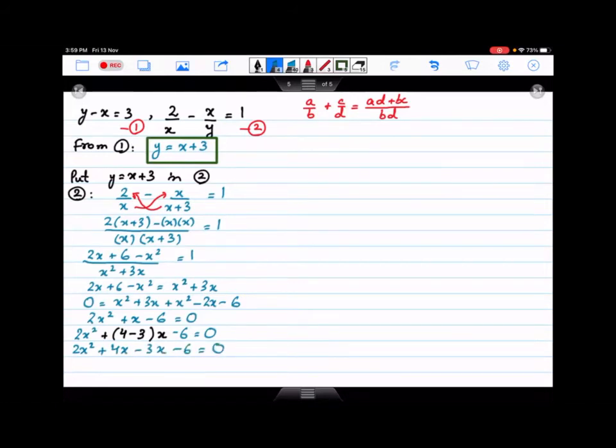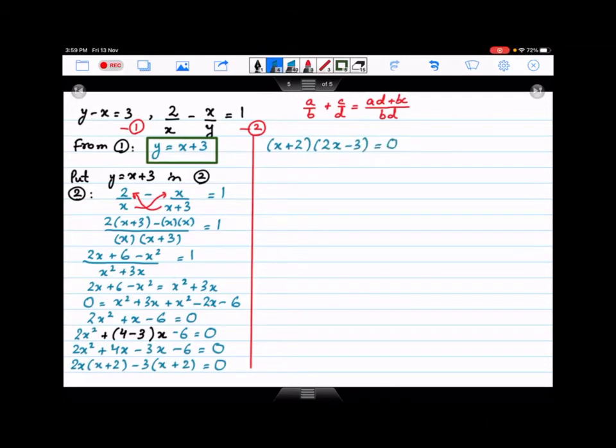So taking common from the first two values, it will give 2x common and there should be x plus 2. Now minus 3 common, it should be x plus 2. Then taking the common again, it should be x plus 2 and the remaining value should be 2x minus 3, and on the right side 0 is there.